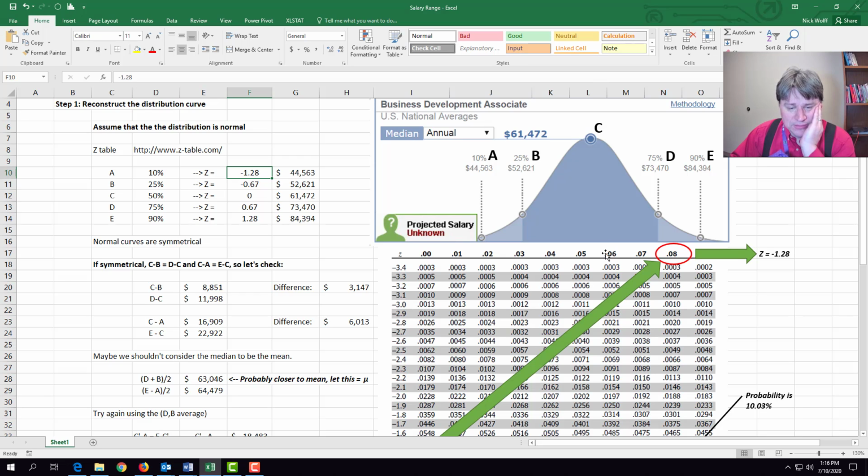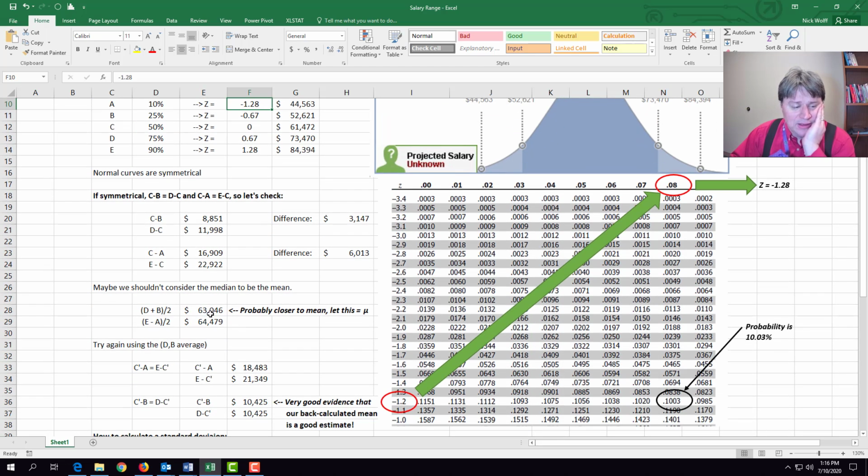Hopefully right down the middle. Similarly, it would be right down the middle between E and A. So I'm taking an average value between those pairs, B and D and A and E, and we are finding that these are the values of the average between those two, so that might be a closer value of the mean.